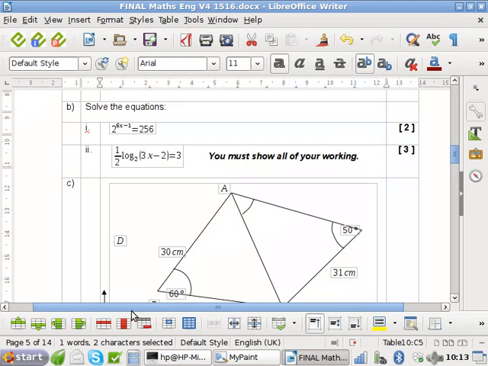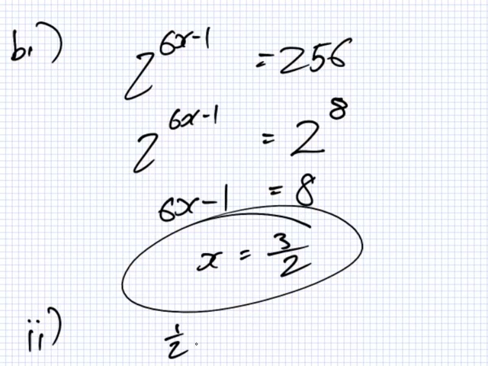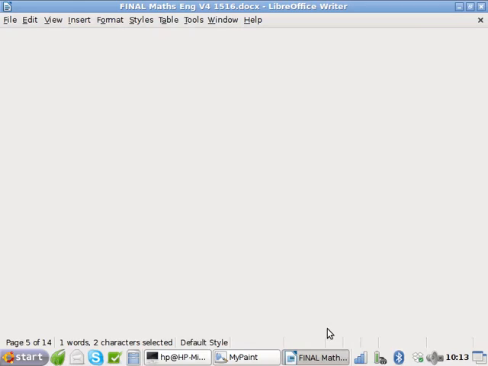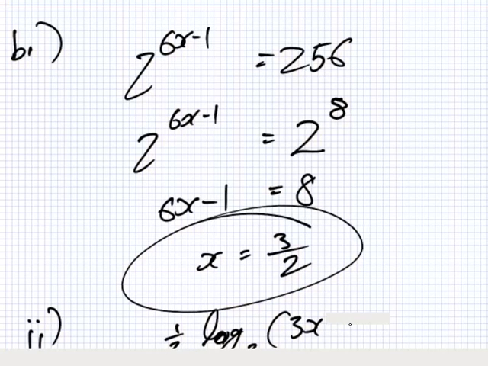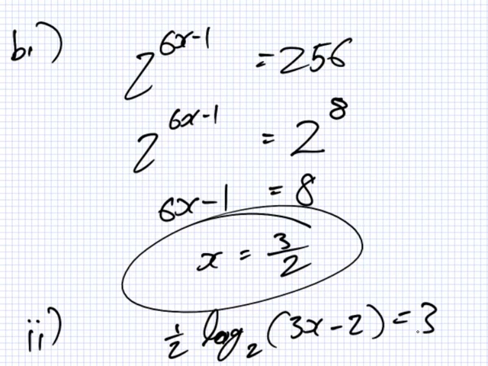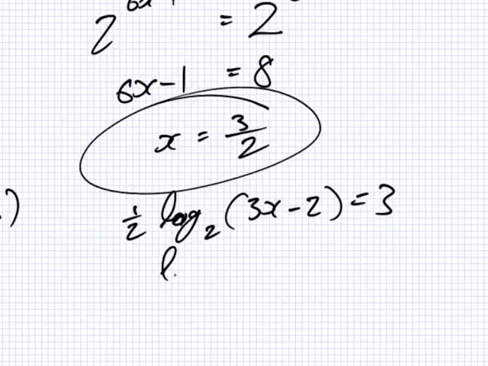Solve a half log base 2 of 3x minus 2 equals 3. So that means log base 2 of 3x minus 2 equals 6.